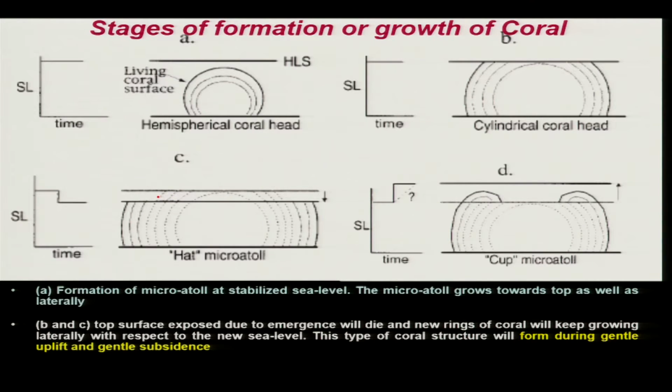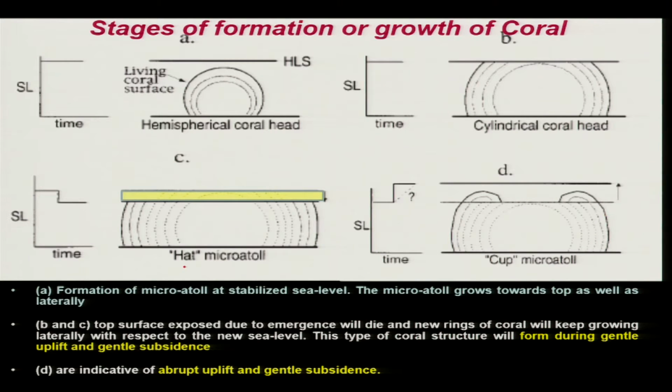But later on the subsidence again allowed the corals to form on either side. Another one shown here is an abrupt uplift and then gradual subsidence. During an abrupt uplift, this was exposed, but during the subsidence that followed, it again started growing, both vertically as well as laterally. So this type of feature one can easily look at, and the microatolls.